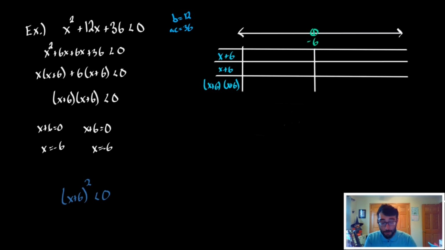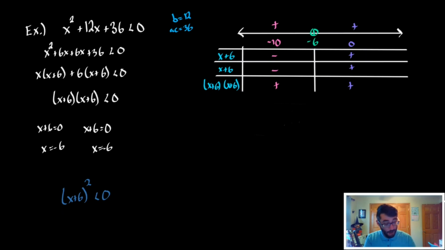So in this example, since we only have one zero of negative 6, there's actually only two intervals to check, below negative 6 and above negative 6. So if I test any number that's less than negative 6, something like negative 10, if I plug negative 10 in for x, negative 10 plus 6 would end up being negative. Same thing here. A negative times a negative would be a positive, so this would end up being positive. And if I test some number larger than negative 6, something like 0, both of these factors would be positive, which means it would multiply to a positive.